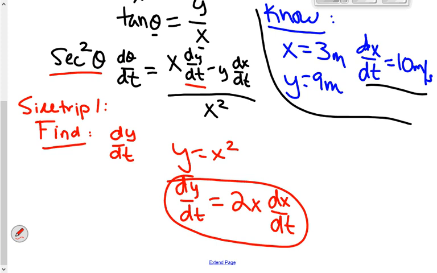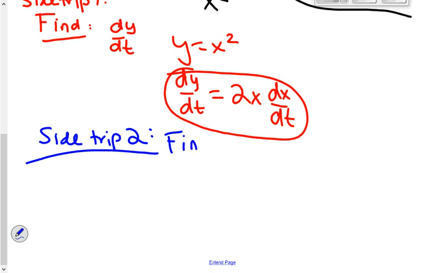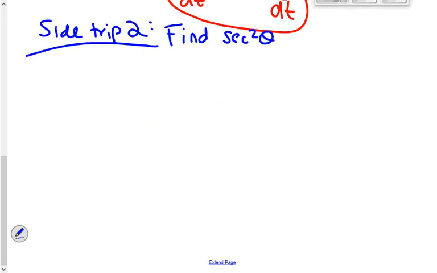Well, I'll wait till everybody writes that down. Side trip 2, we have to find secant squared theta. Anybody have any ideas?